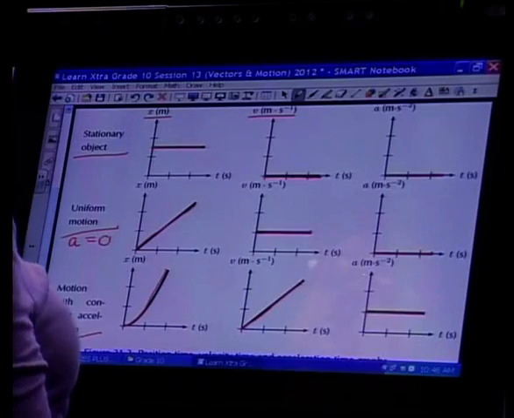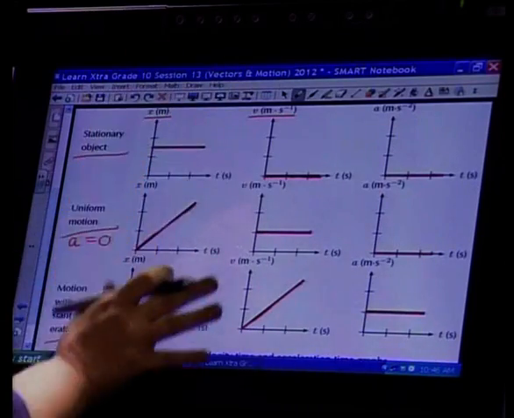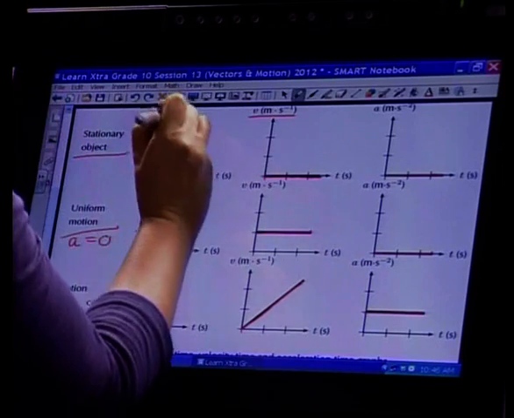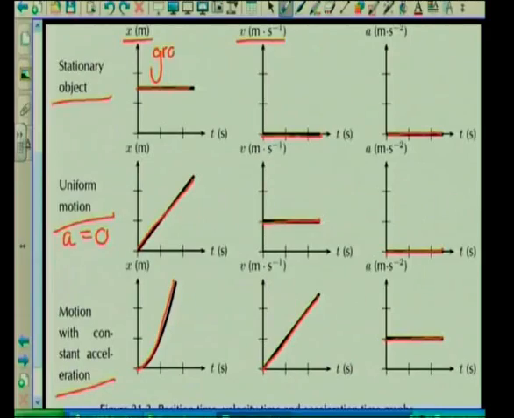But why are graphs so important? Because we can get so much information from them, okay? We need to be able to interpret these graphs, okay? From a position time graph, if I take the gradient of the graph, it gives me velocity, okay?